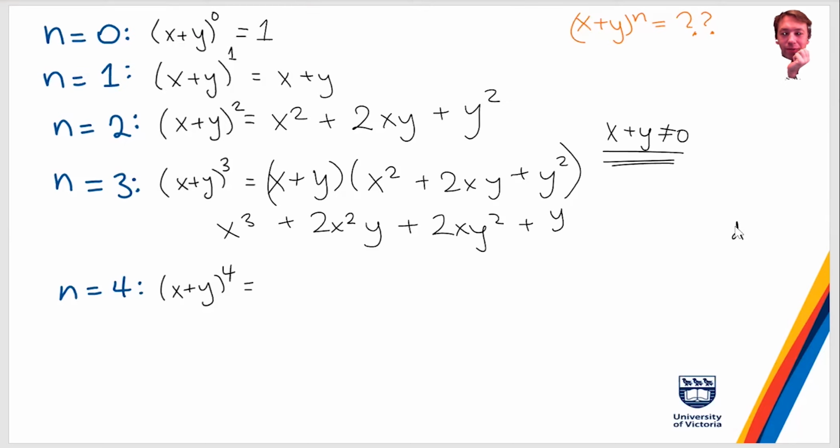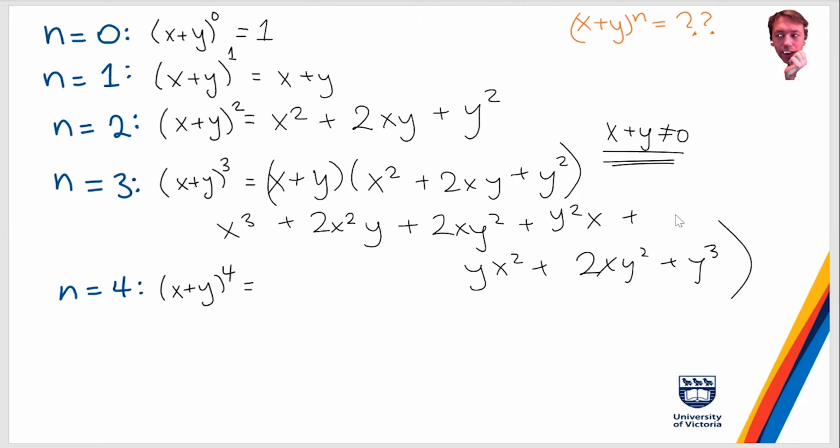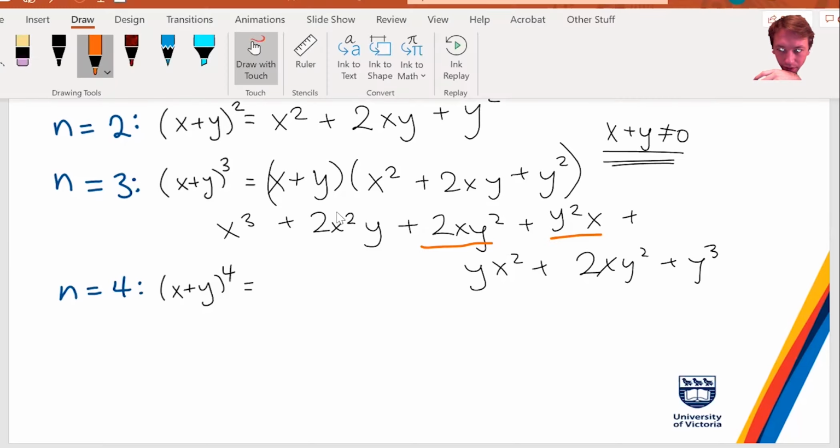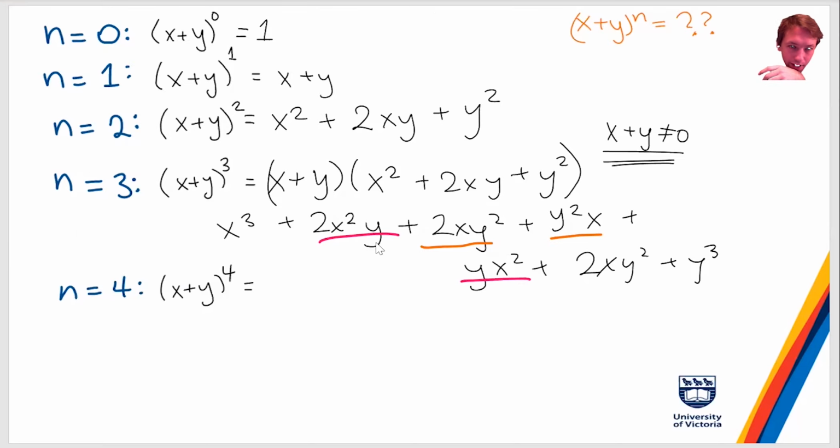This must be really riveting watching me do algebra. Maybe I won't do this for much longer. But y squared x plus yx squared plus 2xy squared plus y cubed, right? And then there's some stuff you can collect. That one with that one. And anyway, so the coefficients here end up being, I've probably messed something up here.